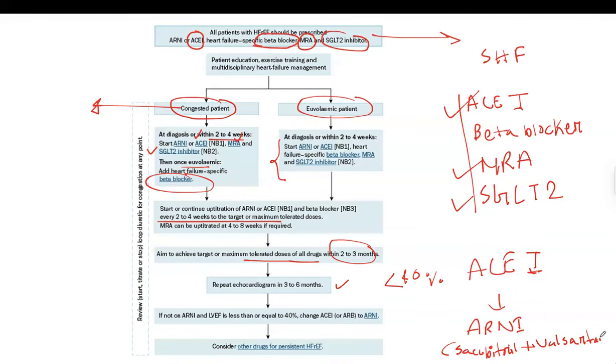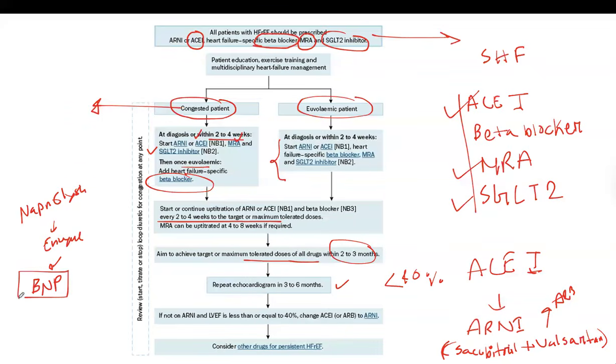So valsartan is an angiotensin receptor blocker, right? And sacubitril is a medication which inhibits neprilysin. Now, neprilysin is an enzyme. This enzyme breaks down our good peptides, which are ANP and BNP.